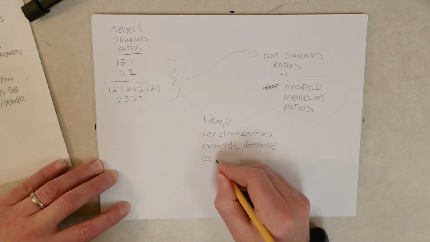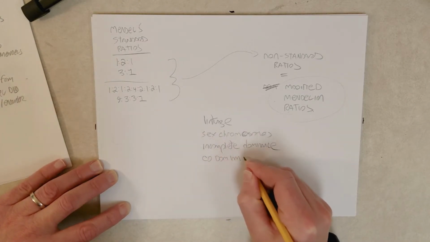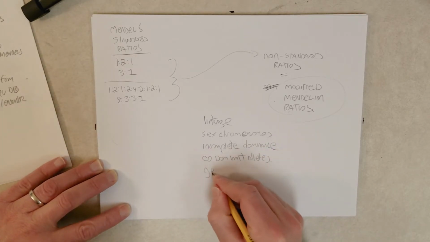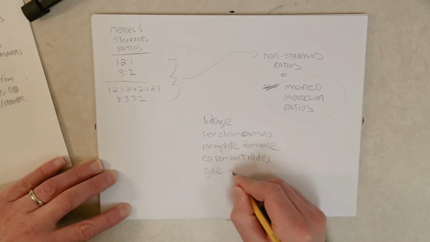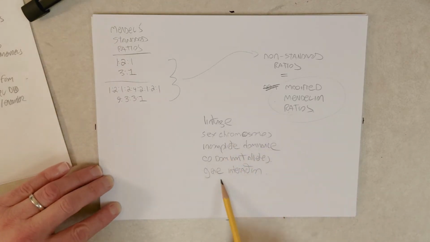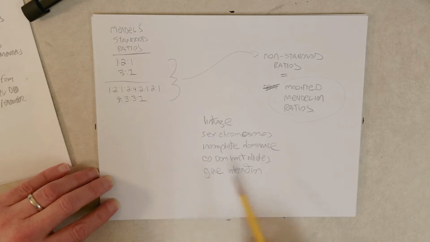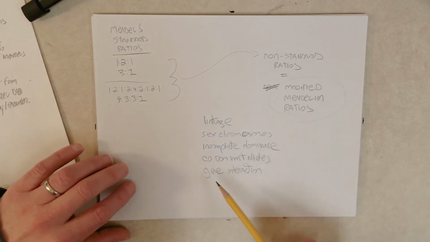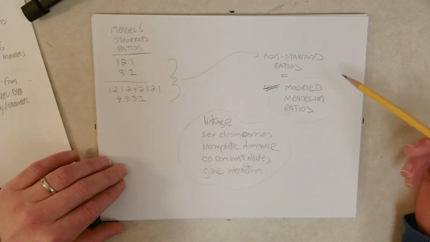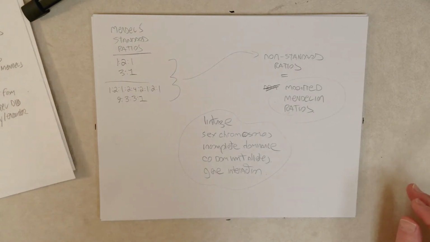He did not study codominant alleles. And he didn't study genes that were involved in a gene interaction. And we'll talk more about what gene interaction is later on in the video, or in a subsequent video. So all of these conditions here, and probably some others, can lead to what we would call a modified Mendelian ratio.